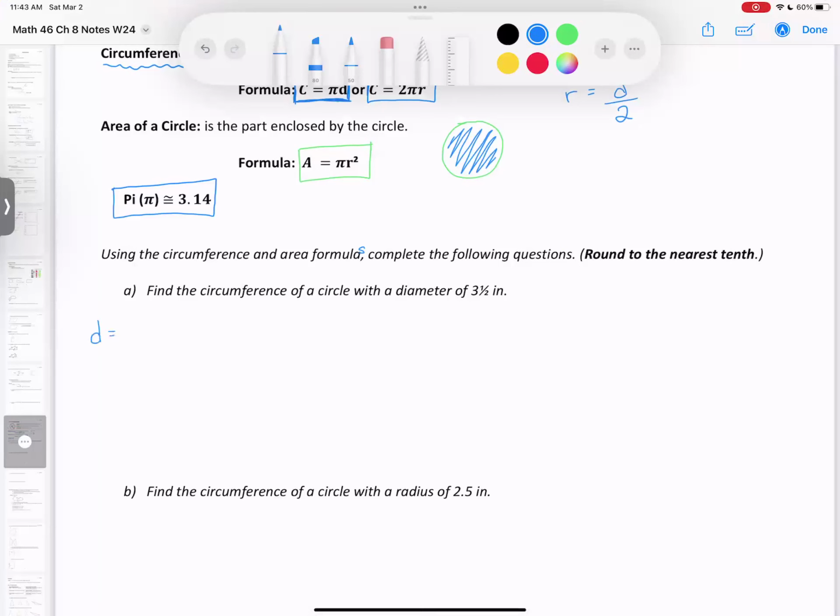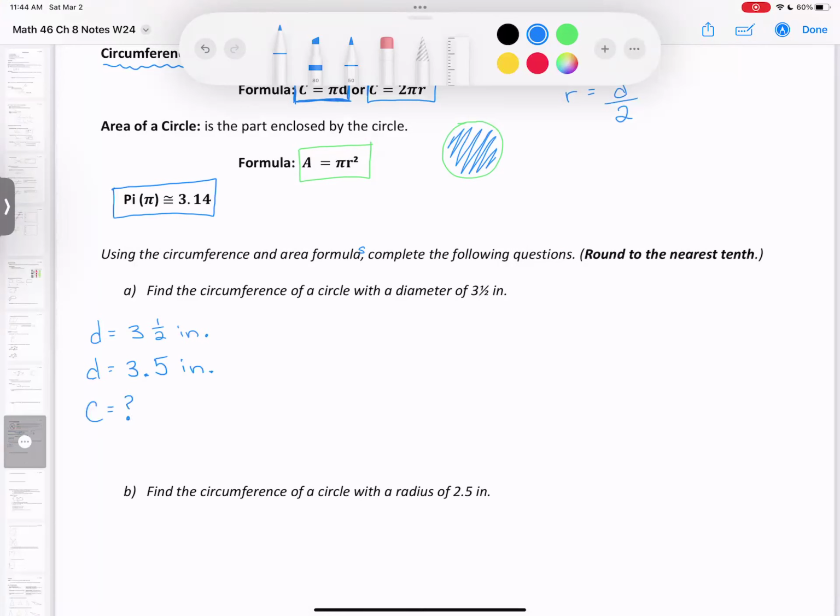So we were told diameter is 3.5 inches. And I'm going to convert that to a decimal just to make my life a little easier on these problems. It's always good to convert to a decimal. So this would be the same as 3 and 5/10, or 3.5 inches. And we're looking for circumference. So our unknown here is circumference.